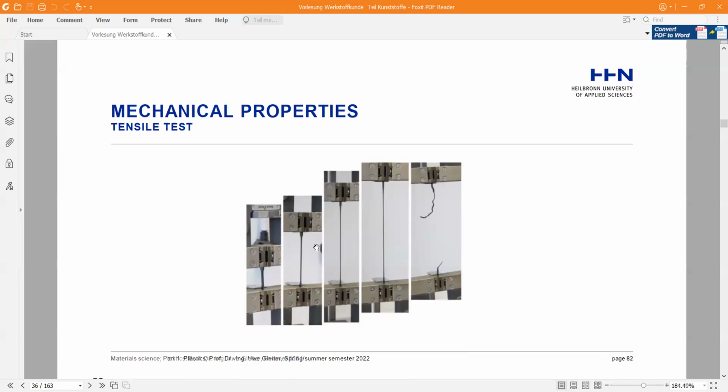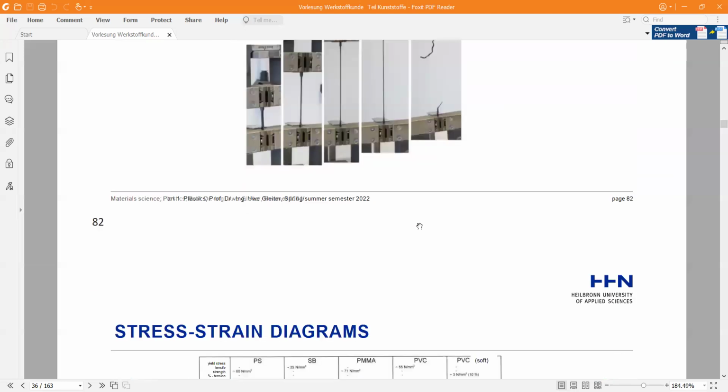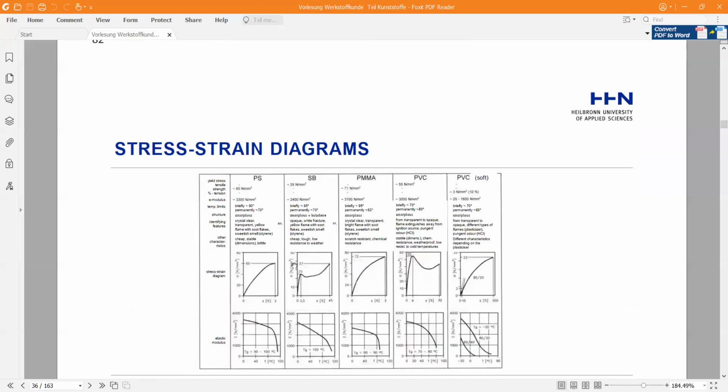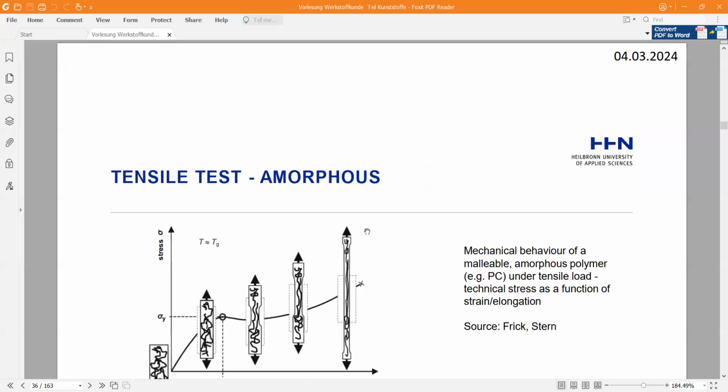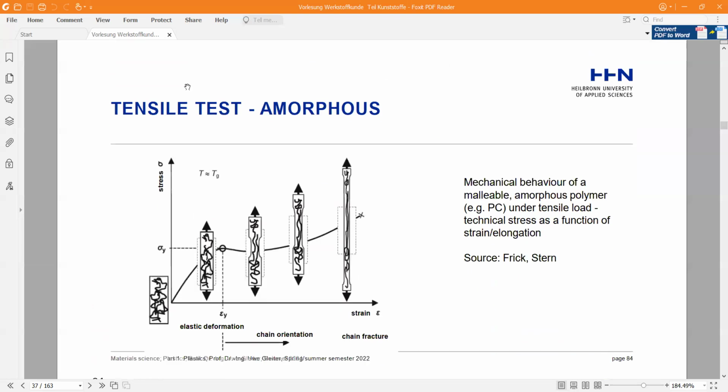So here we have a picture of tensile stress. We have stress strain diagrams for different plastic types. So tensile stress for a group of polymers.